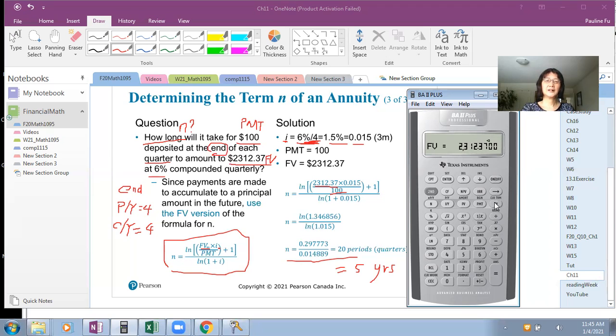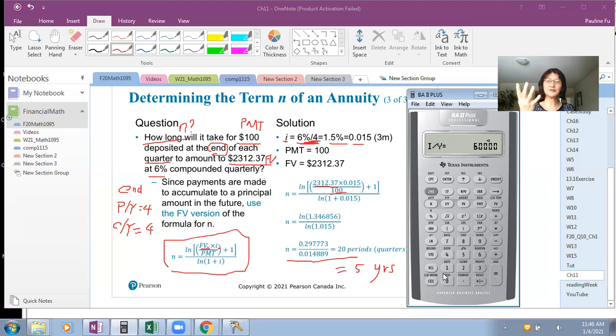And the interest is 6, IY without percentage. So we enter the interest. Present value is 0.